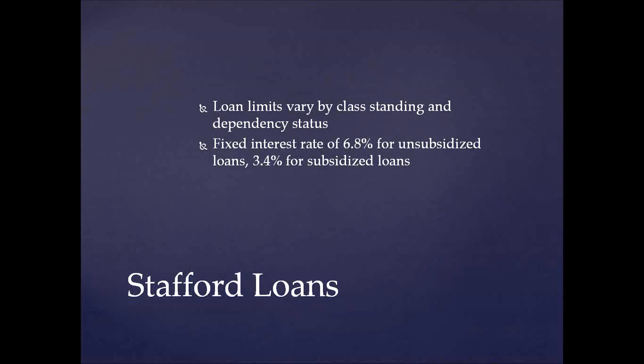Stafford loans. And basically, let's take the 6.8% example. It means that for every dollar of your principal amount, that is the total amount of your loans, you're going to be charged an interest of 6.8 cents each year for an unsubsidized loan and 3.4 cents each year for a subsidized one, assuming that the 3.4 is the correct amount of interest.